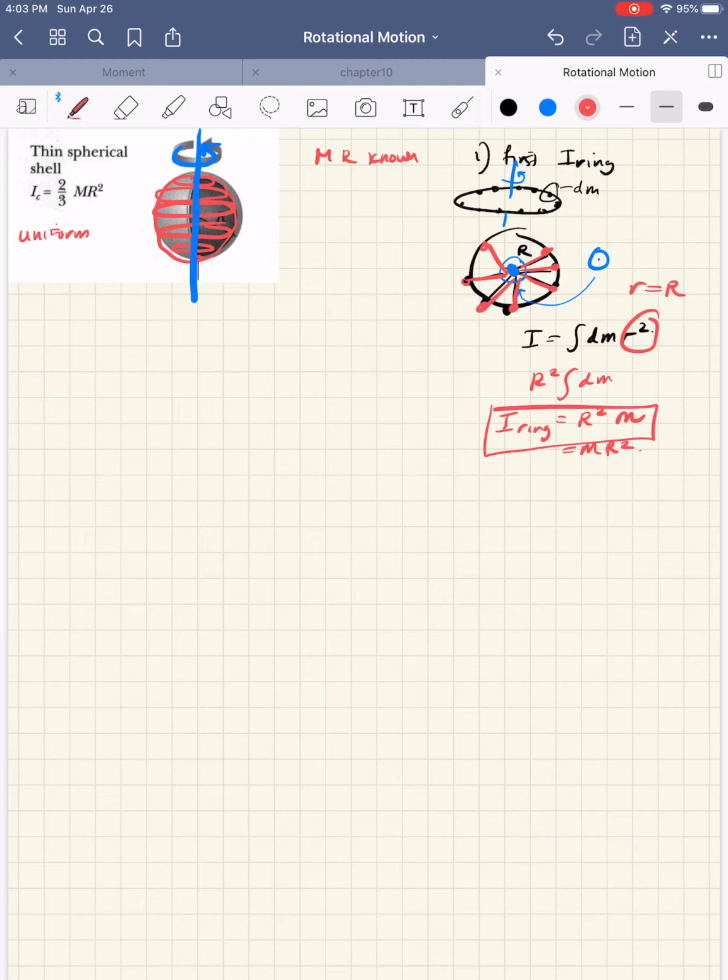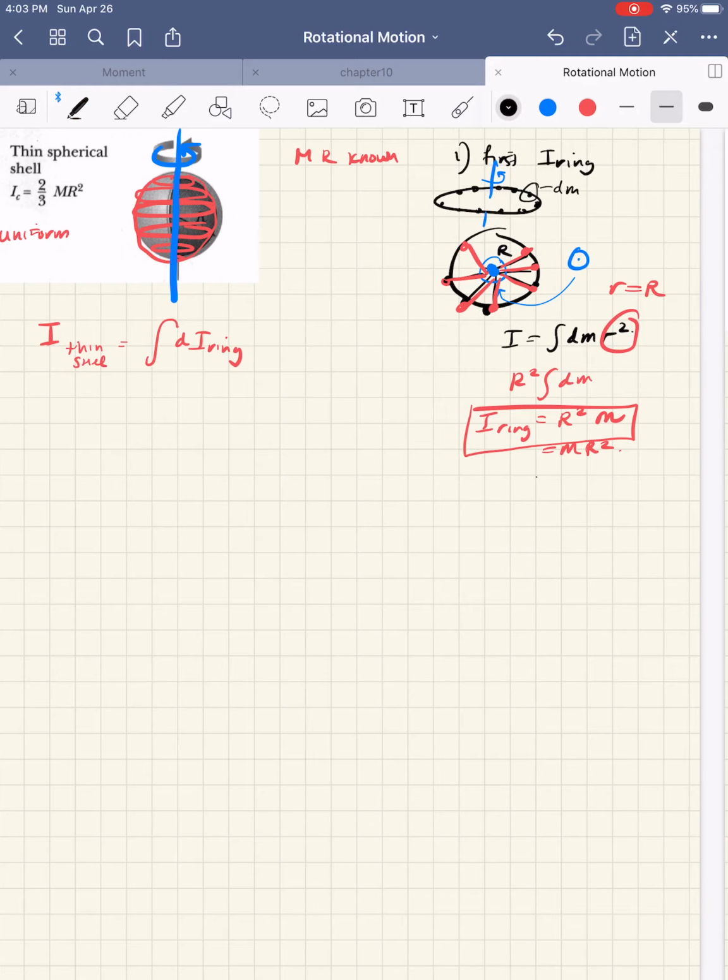Now I'm going to use that to find the moment of inertia of a thin shell. And remember, I do this by integrating all of the moments of inertia of a ring. Well, the funny thing is that the moment of inertia of a ring looks just like the moment of inertia of a point mass, right?